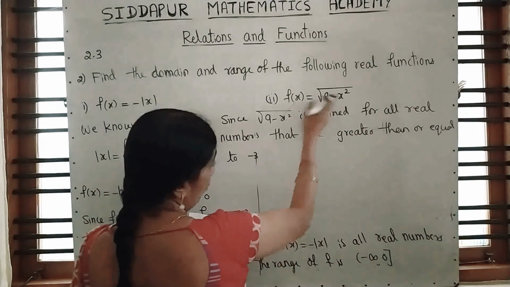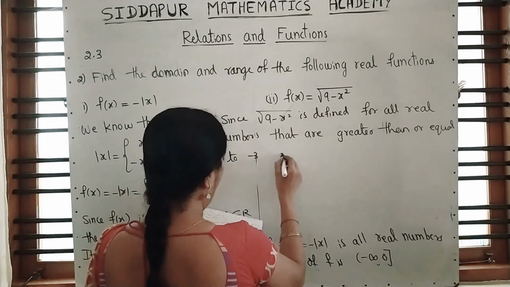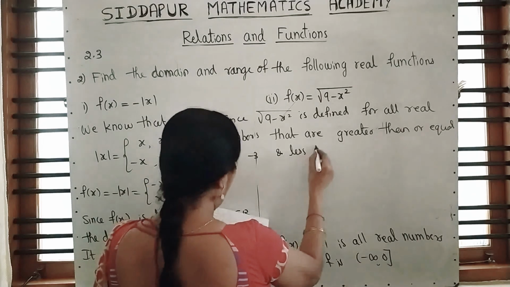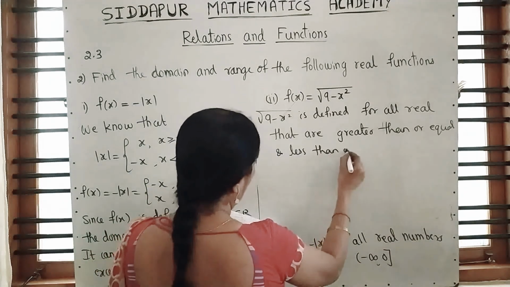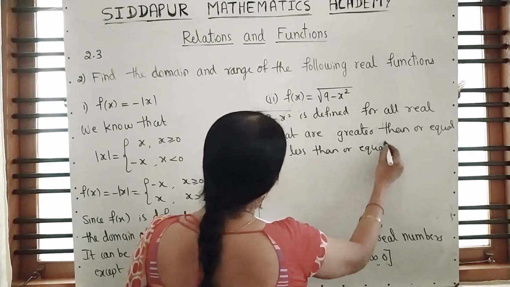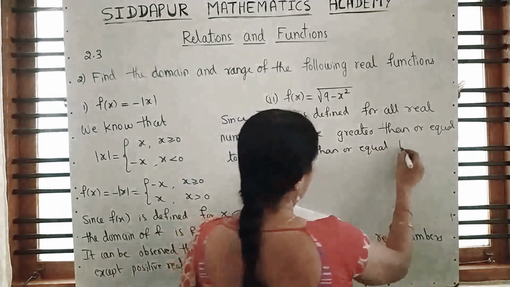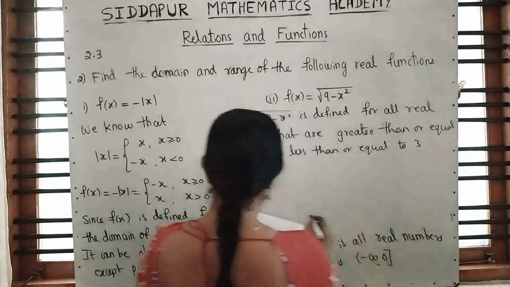Correct or not? I told you why we are writing like this. And less than or equal to, in between minus 3 to plus 3. Less than or equal to 3.